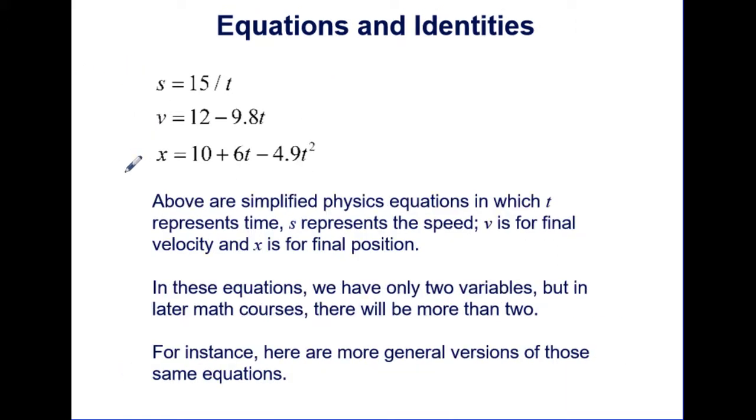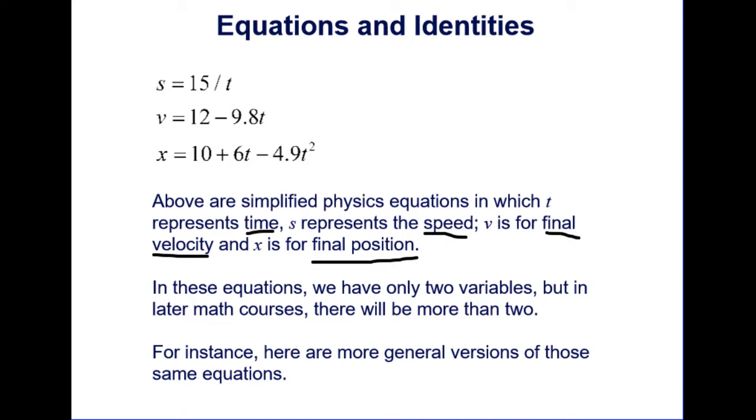Here are our three equations again. So above are simplified physics equations in which t represents time, s represents the speed, v is for the final velocity, and x is for the final position. In these equations, we only have two variables, but in later math courses, there will be more than two.